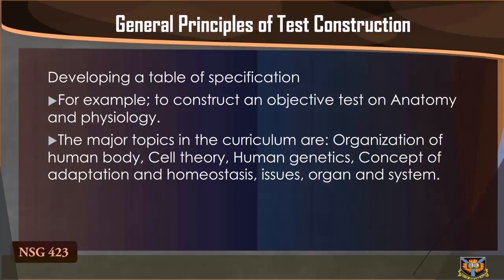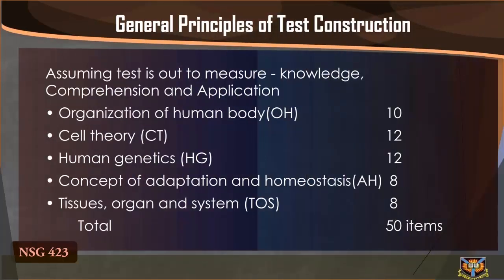Developing a table of specification. Let us assume that we wish to construct an objective test on anatomy and physiology. The major topics in the curriculum are organization of human body, cell theory, human genetics, concept of adaptation and homeostasis, tissues, organ and system. Let us assume that our test is to measure knowledge, comprehension and application.